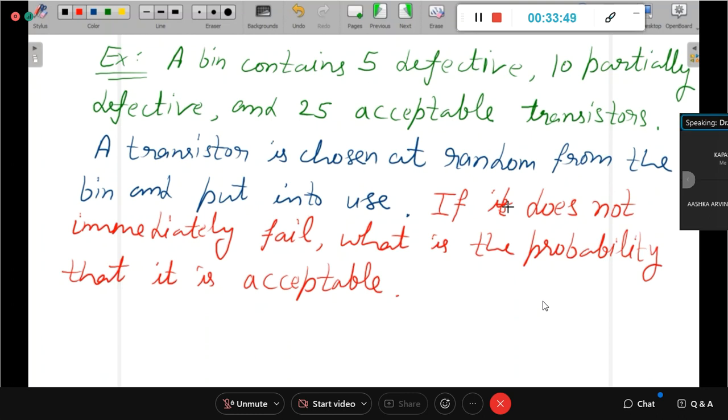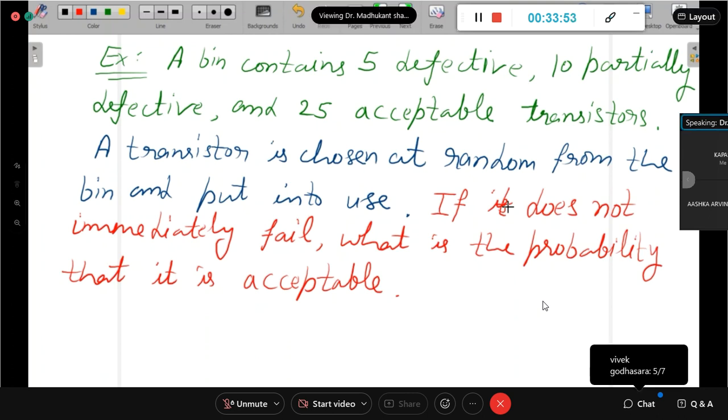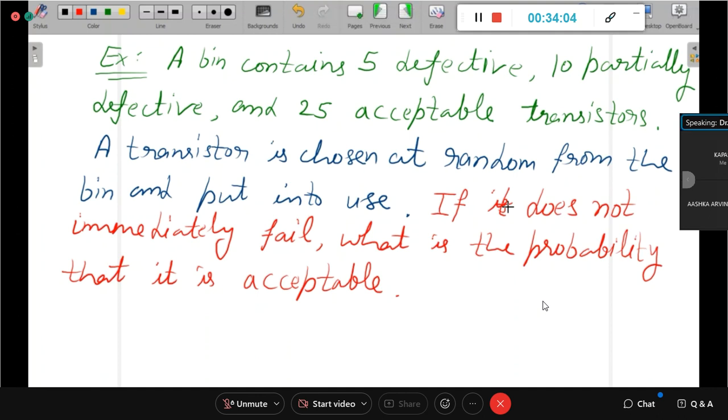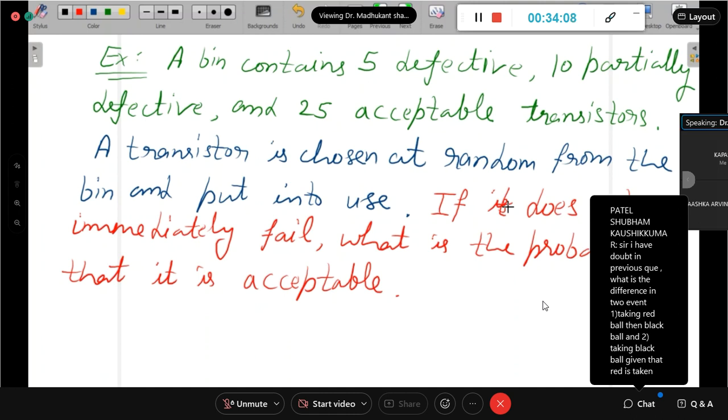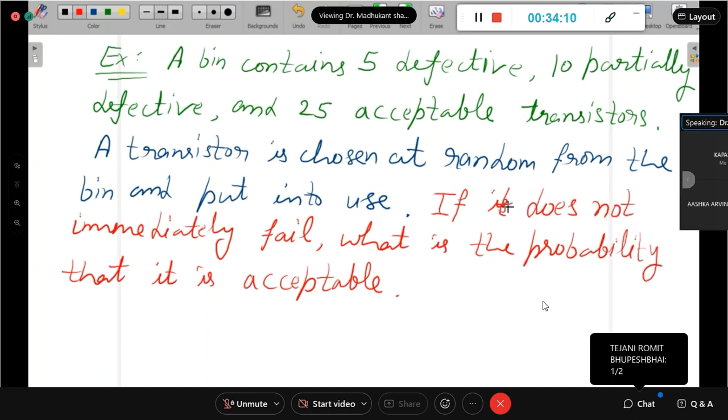Suppose it is given to you that if it does not immediately fail, what is the probability that it is acceptable? So what does it mean that it does not immediately fail? If you try to answer in one line without looking at conditional probability, it's a one line problem.